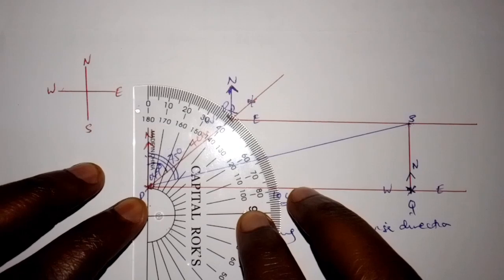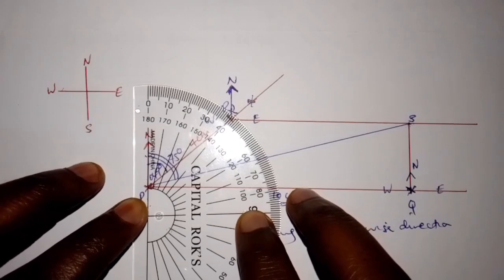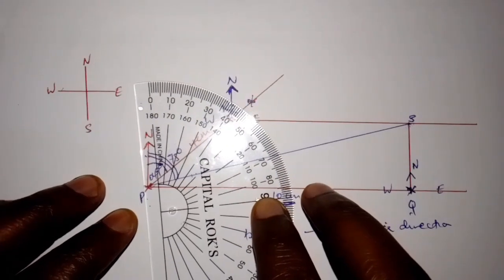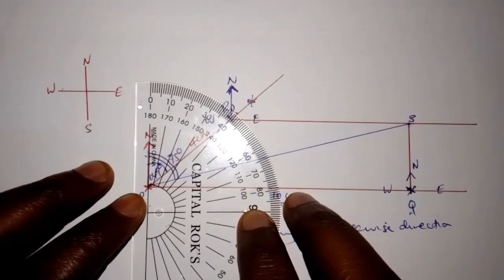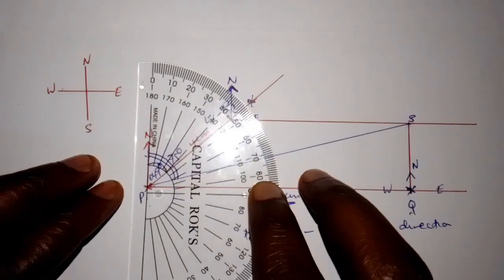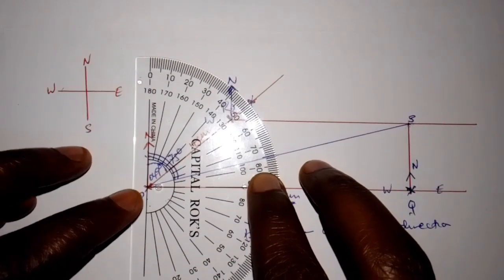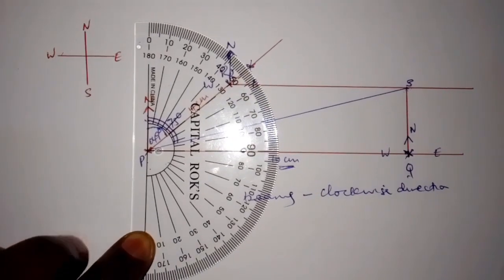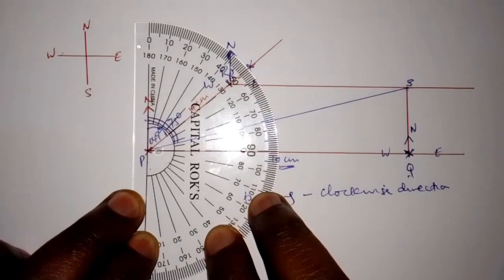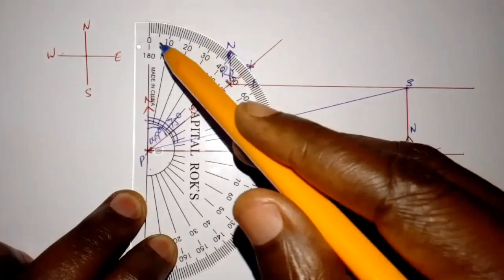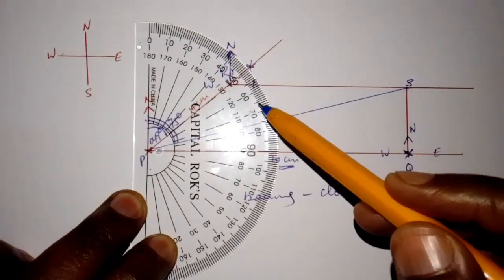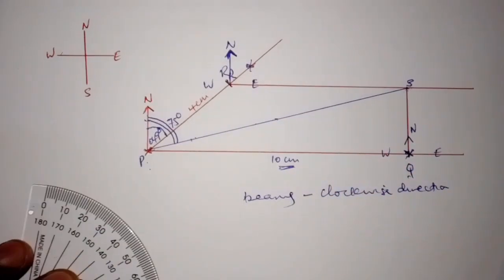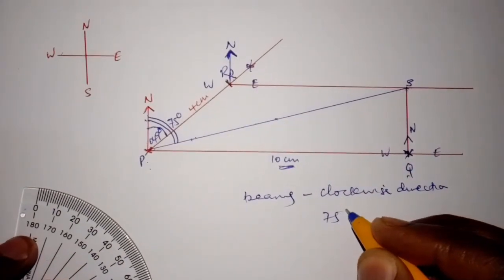So we use our protractor to get the degree. We put our protractor here, and you can see that this is 0, 10, 20, 30, 40, 50, 60, 70, 75 degrees.